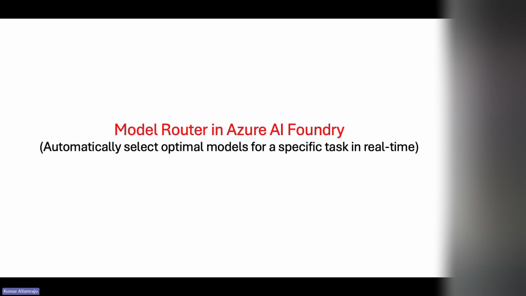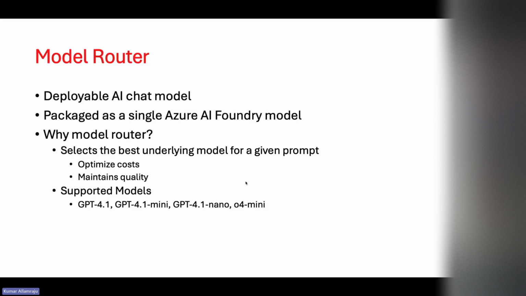Essentially, model router is a combination of pre-existing models, which I have shown you in the model catalog, to provide developers the best performance, or I would say high performance, while, let me highlight this, saving on compute costs wherever possible. And these are all packaged as a single model deployment, right?